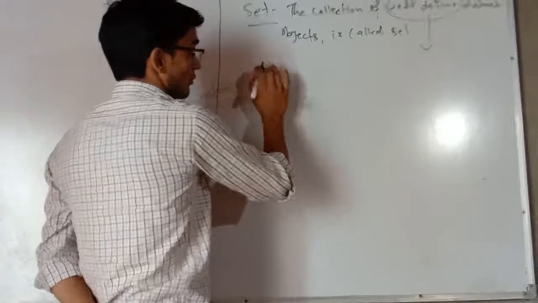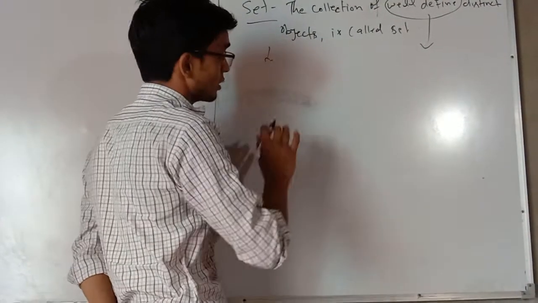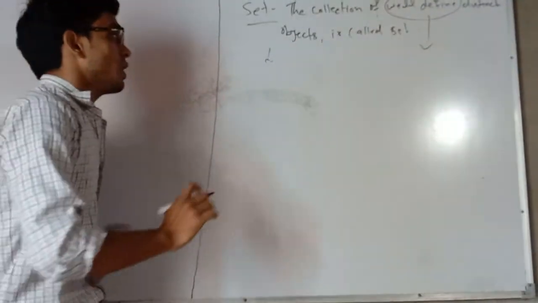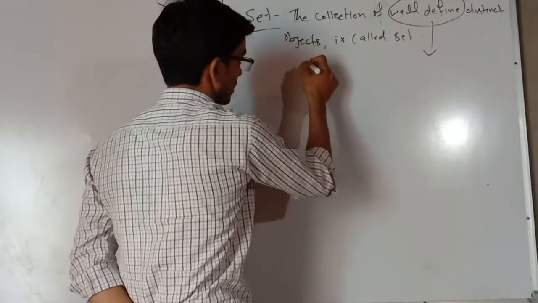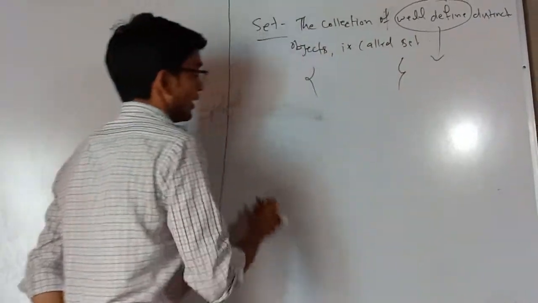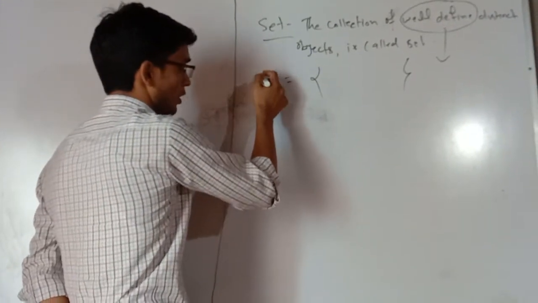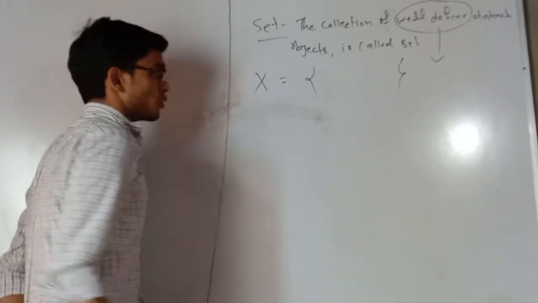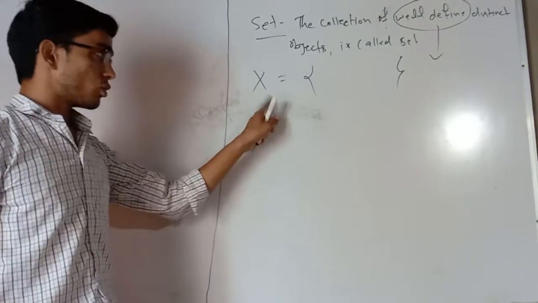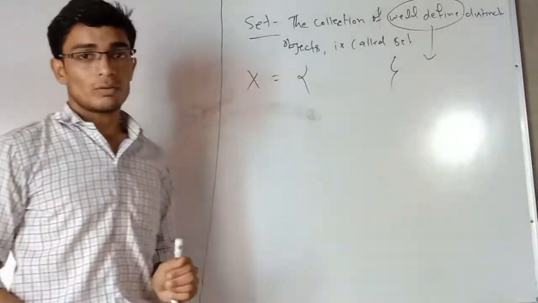First, I will tell you the representation, that is, we will denote the set by a curly bracket. And we will take any element. For representation, suppose we will take here x. So this is the representation of set.